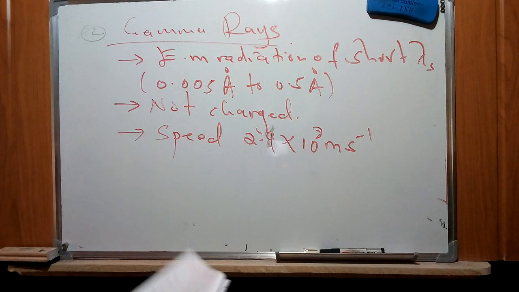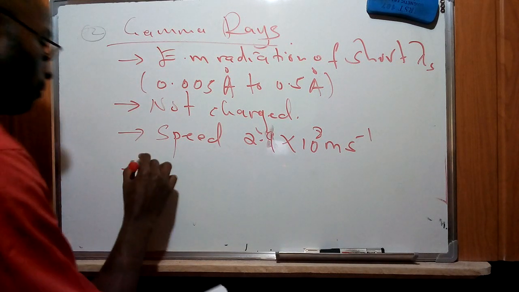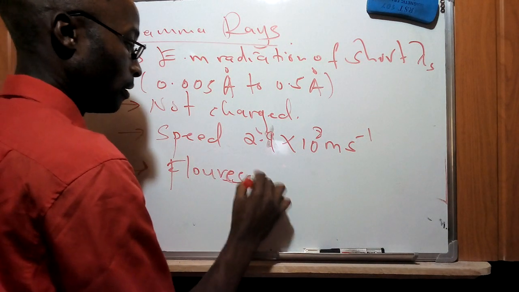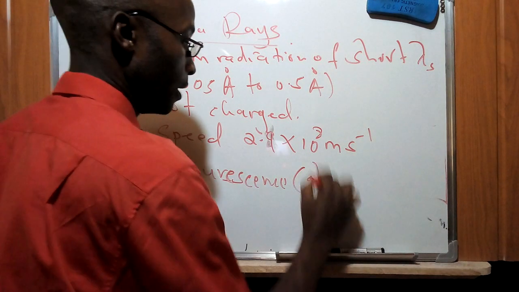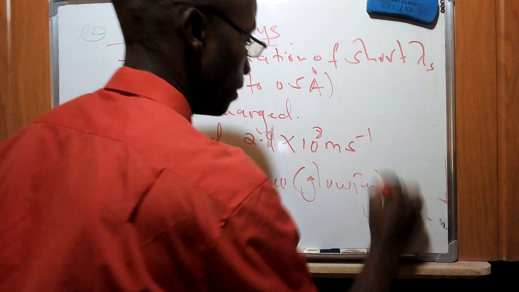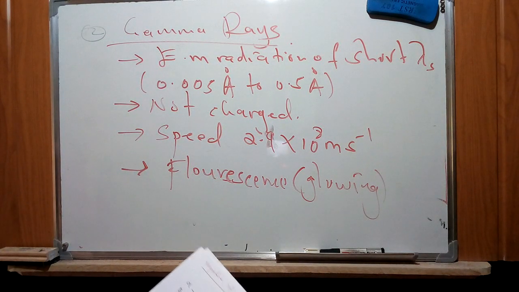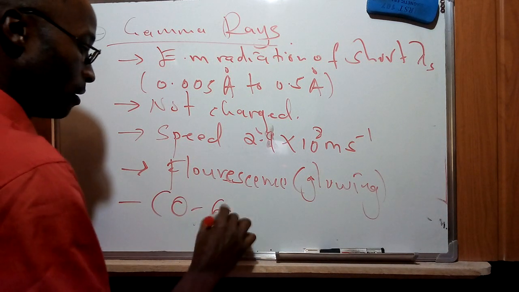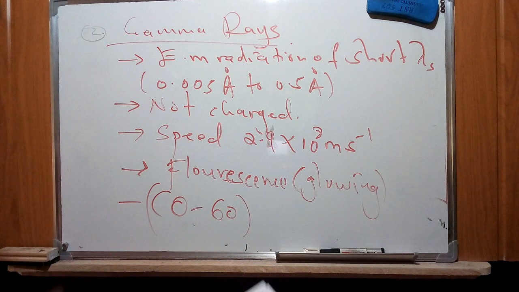They travel at the speed of light, and then they produce fluorescence. That's a glowing effect on some materials like phosphor. And then they have more penetrating power than beta particles that we have discussed. Cobalt-60, given as an example somewhere, is a source of the gamma rays.